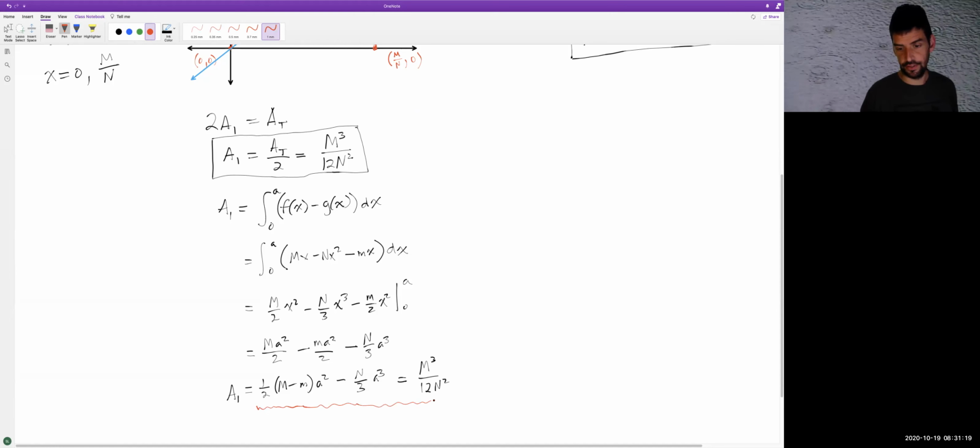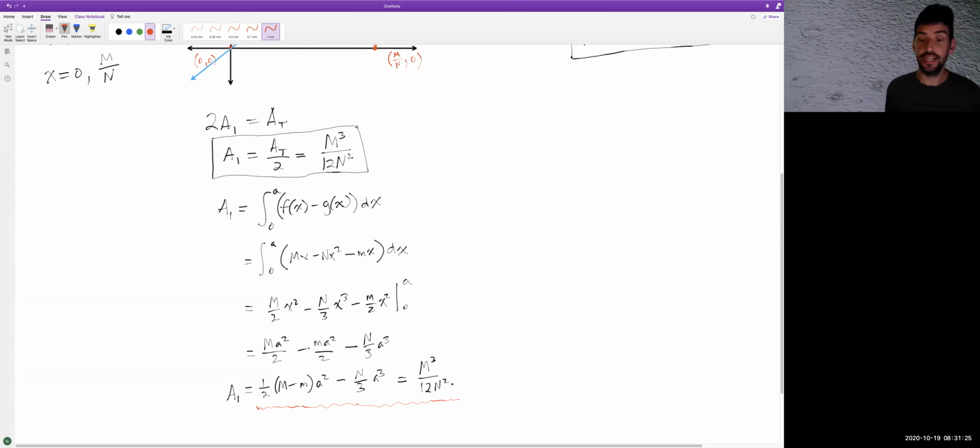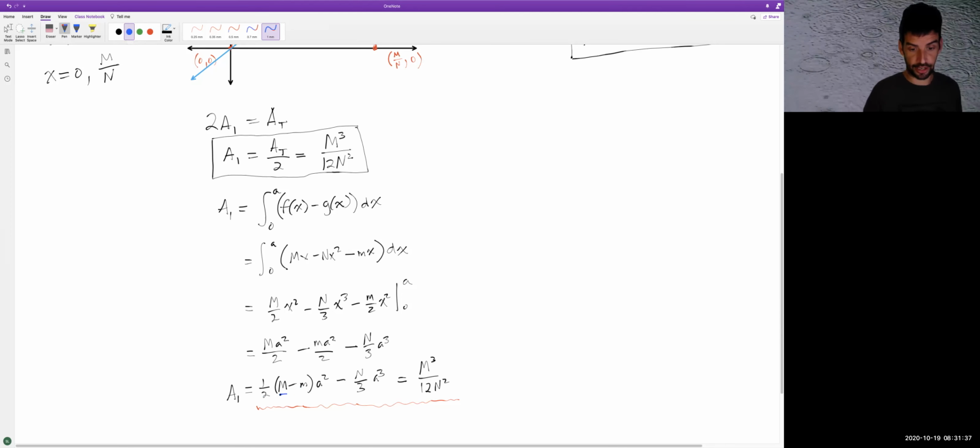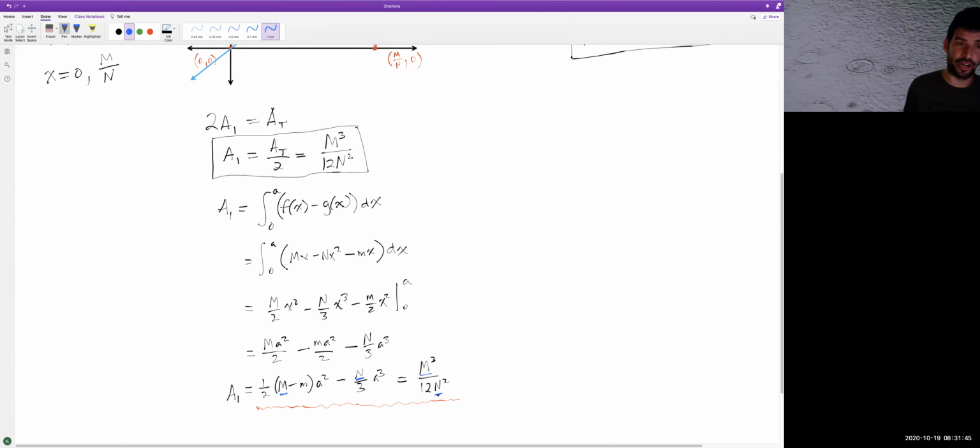This equation here, 1/2 (big M minus little m) a squared minus n over 3 a cubed equals M cubed over 12 n squared. Since I'm doing this in a general form, big M and n are numbers. So I'm just going to underline that these things are numbers that we know. They're given in the problem. So those aren't variables, right? In the problem, they would actually have values. So those parts would all just be numbers.